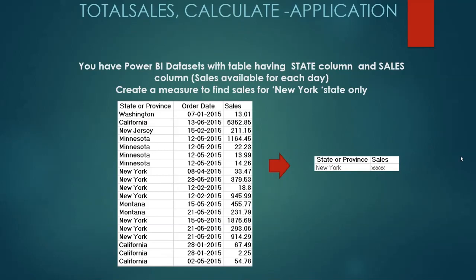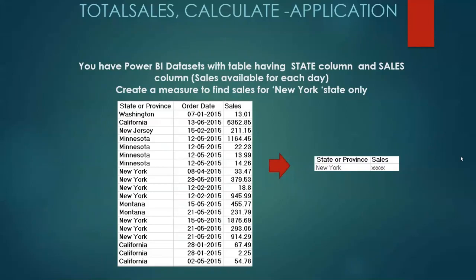So today we came up with another application of total sales and the CALCULATE function. And this is the problem you can see. If you have a Power BI dataset with a table having a state column and a sales column, and also date-wise, like order date, for each order date there will be sales information.